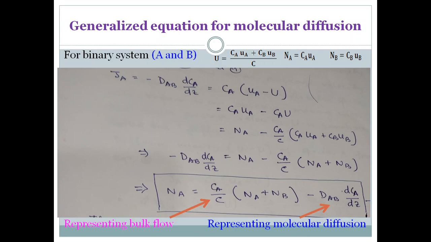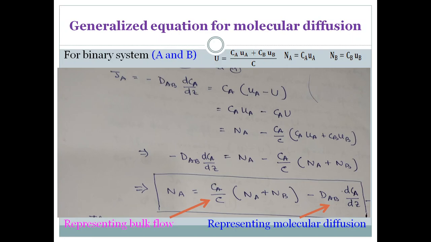Also, in a number of cases it is very common to express the concentration in terms of mole fraction, Yi for the gas phase and X for the liquid phase. But here I express this generalized equation in terms of molar concentration, so it will be better.